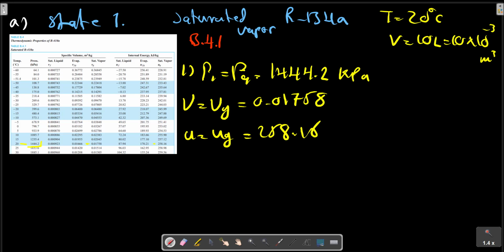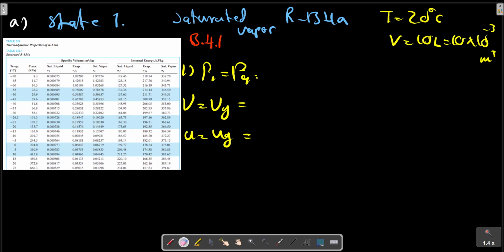We should change the table, so I changed the table. We should use R-134a at 20 degrees. We have the pressure, and Vg as the saturated vapor specific volume, and the internal energy.